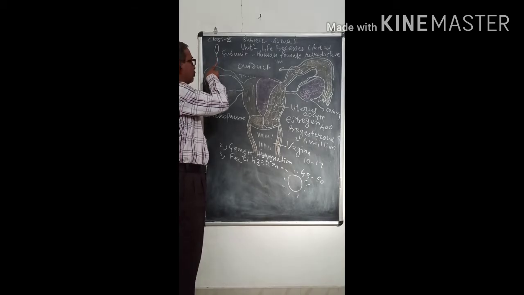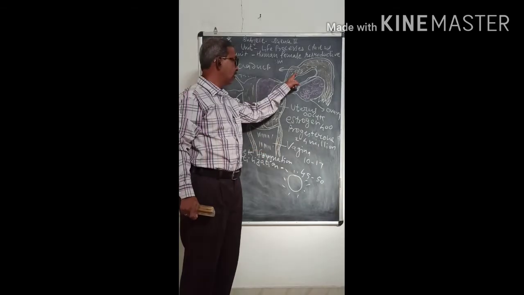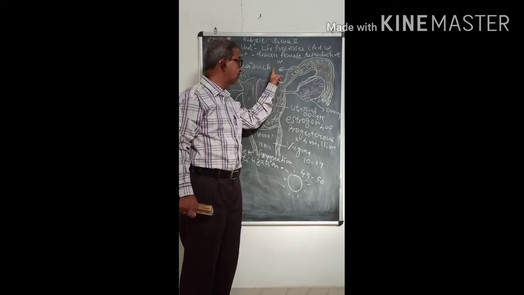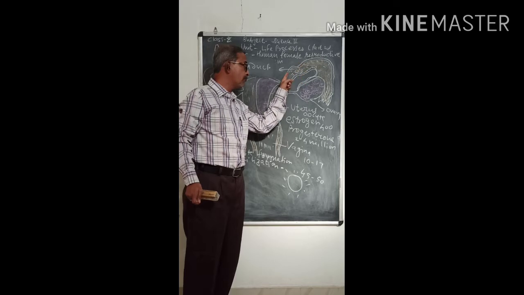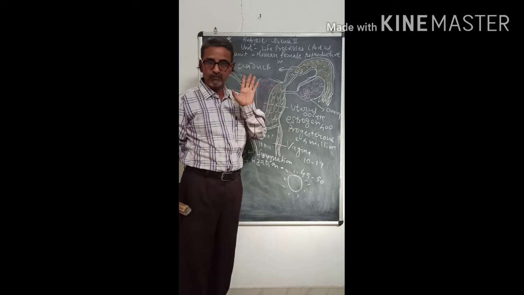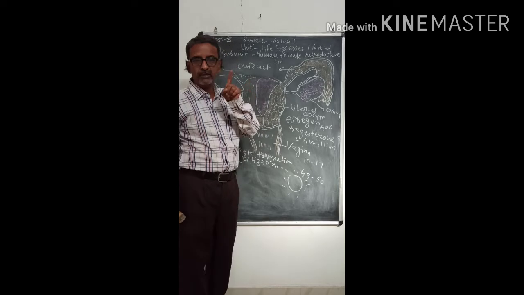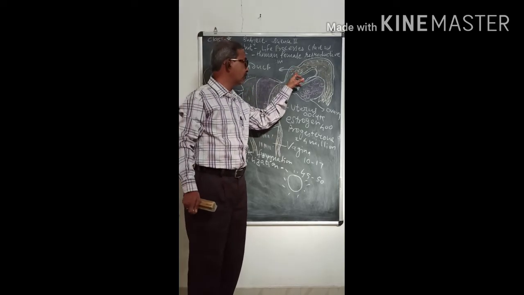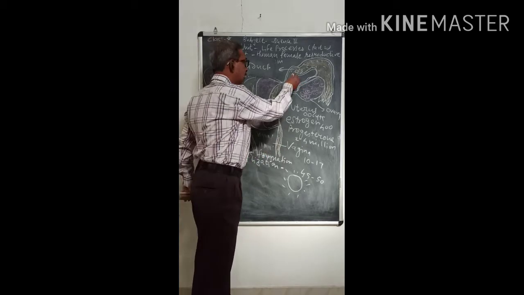With the help of its tail it swims towards the female gamete or egg cell at the oviduct. Out of millions of male gametes, only one sperm unites with the female gamete or oocyte, and here a zygote is formed.